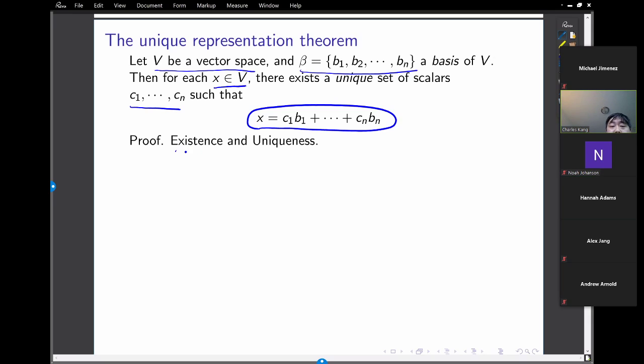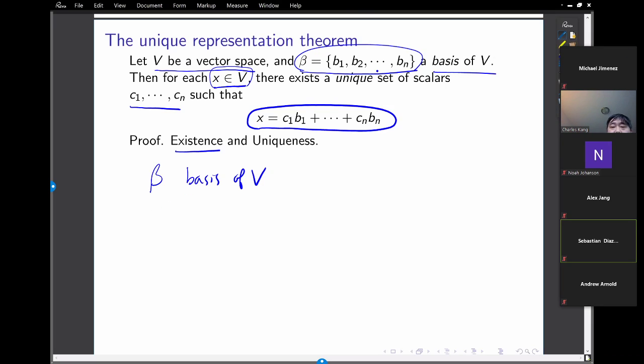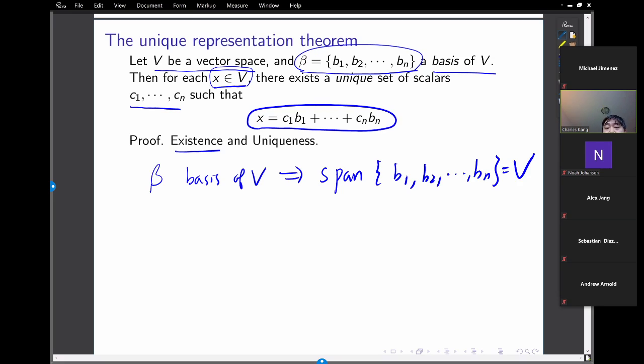So existence is really easy. Remember, for this to be a basis of V, what was the second condition? Linear independent was the first condition. Span. Yeah, the span of V1, V2 through Vn must be V, right? And what does that mean?